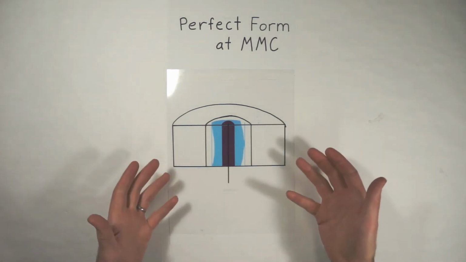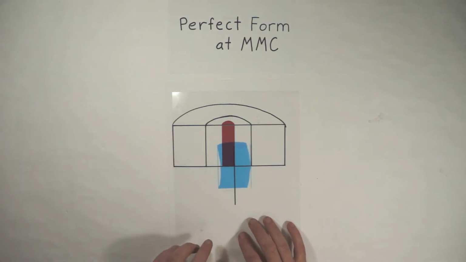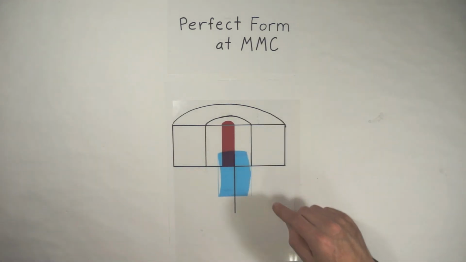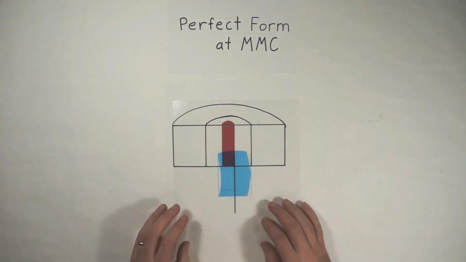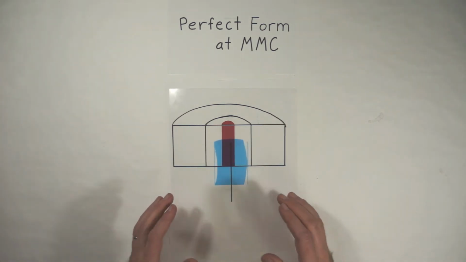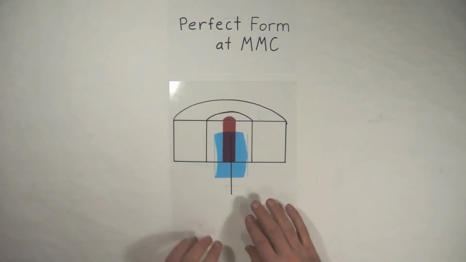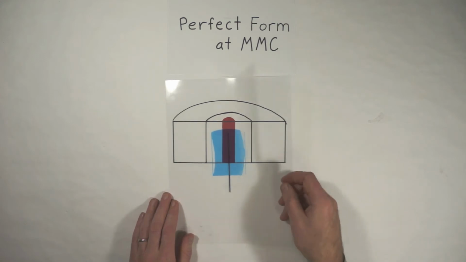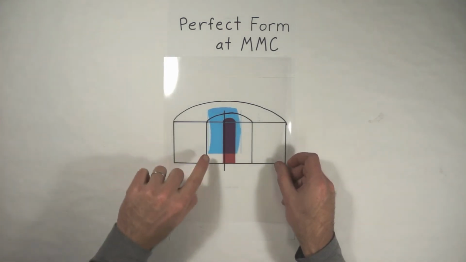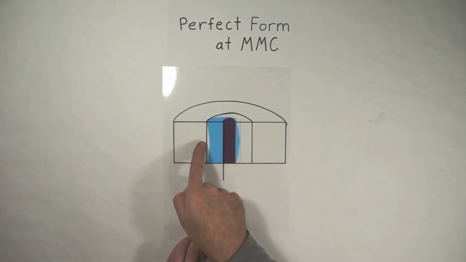So we talked about in one of the other videos that there's no bonus tolerance on this like the other one. There's no orange region from this thing being less than its maximum material condition, its maximum size. So keeping the center of our maximum boundary pin in there keeps us from violating that boundary.